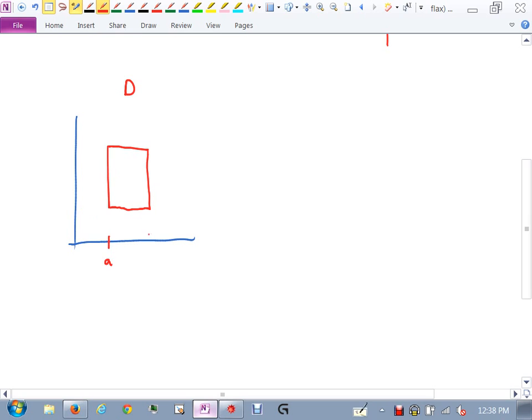Let's say that's A, B, C, D. The question is, what happens when you do your change of variables? What does this look like in my new polar region, where this is U and this is V? And that's going to be the hardest part of it.